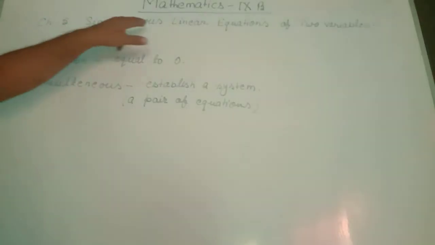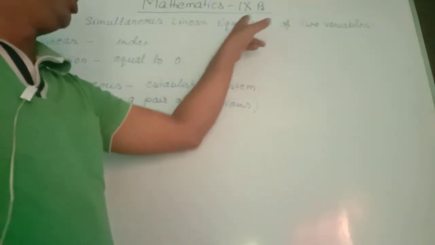Chapter 5, simultaneous linear equations of two variables. In this we get some words such as linear, equation and simultaneous. Linear defines the maximum index or maximum power of the equation.